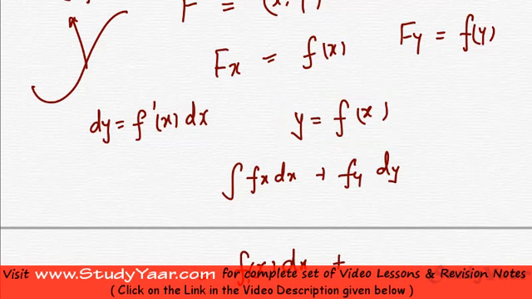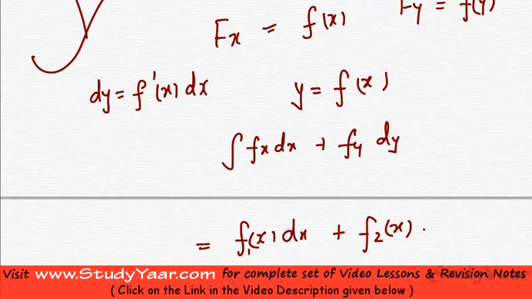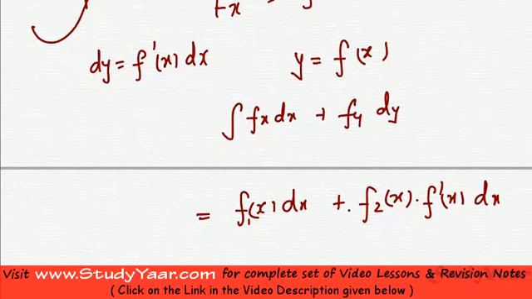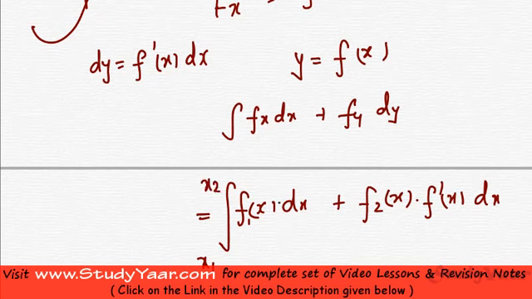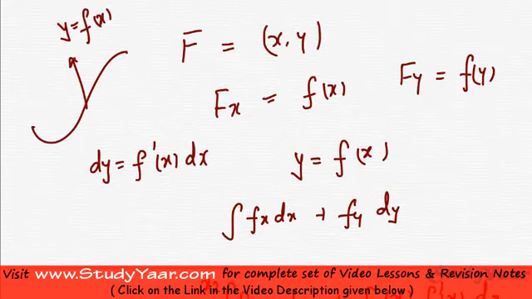So let us call these F1(x) and F2(x), and my dy is f dash x dx, with limits from x equal to x1 to x equal to x2.